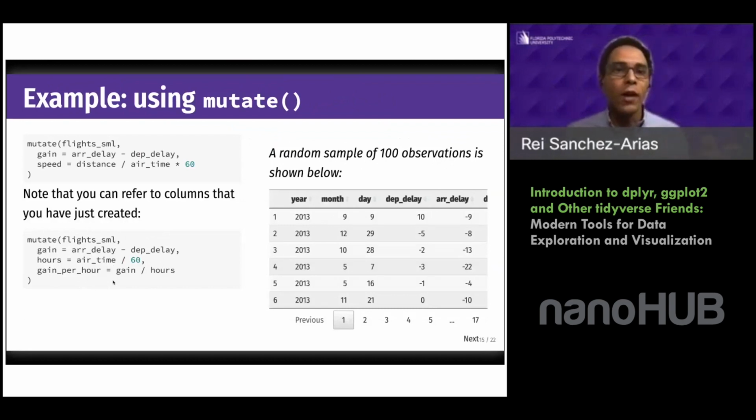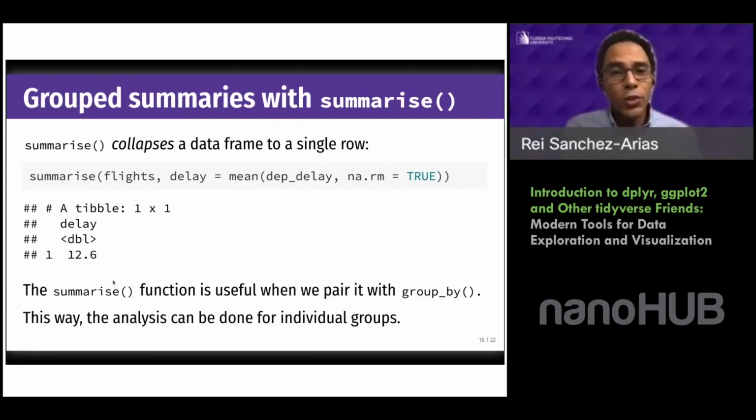Or if I have distance and air time, I can technically have an estimate of the speed and create that. So these are examples of why mutate is important, because you may want to create extra attributes based on data that's already in the original format.